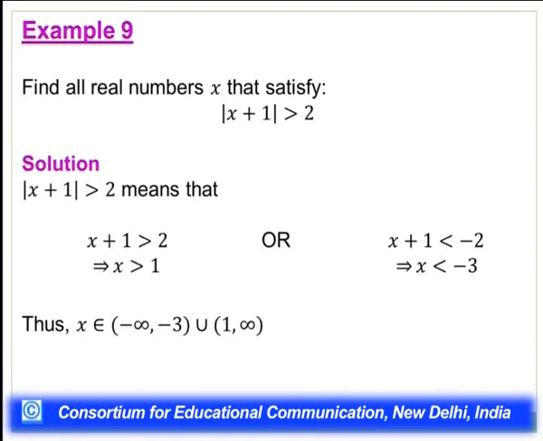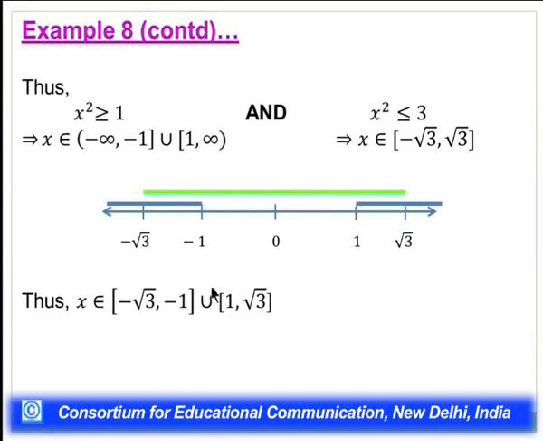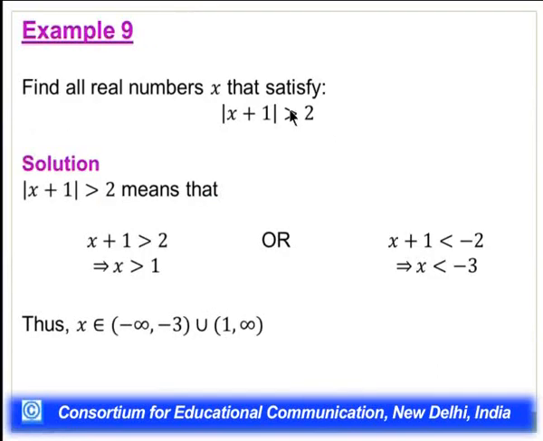Right. The next example asks you to find all real numbers x that satisfy mod of x plus 1 greater than 2. So here we will use the result that when mod of x plus 1 is greater than 2, that means that the expression inside the absolute value sign is either greater than 2 or it is less than minus 2. So x plus 1 greater than 2 or x plus 1 less than minus 2.